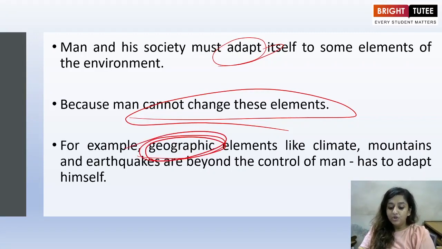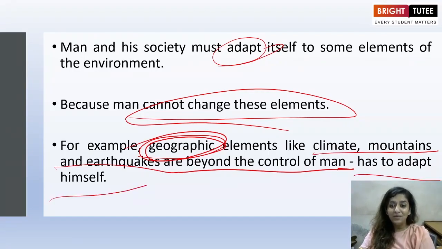For example, geographic elements like climate, mountains, and earthquakes are beyond the control of man, who has to adapt himself. When you see people who are staying in the plains, or people who are staying on the mountains, you see that they have different habits, different lifestyles, different ways of looking at things. Now, how does that happen?